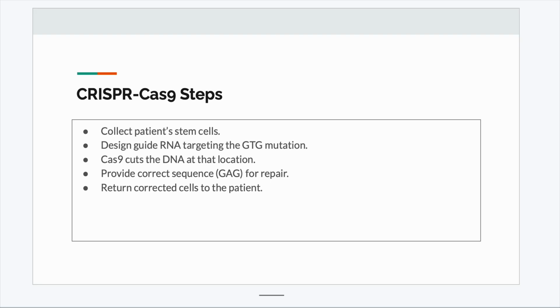Cas9 cuts the DNA at that location. The cell is given a correct DNA template with the normal GAG sequence. The cell repairs the cut using that template. After the edit, the corrected stem cells are put back into the patient. If everything works, those corrected cells start producing healthy red blood cells.